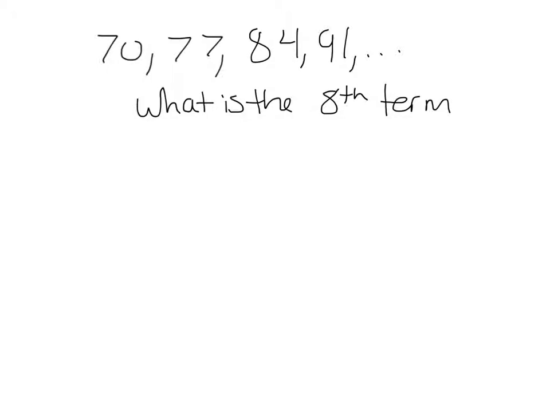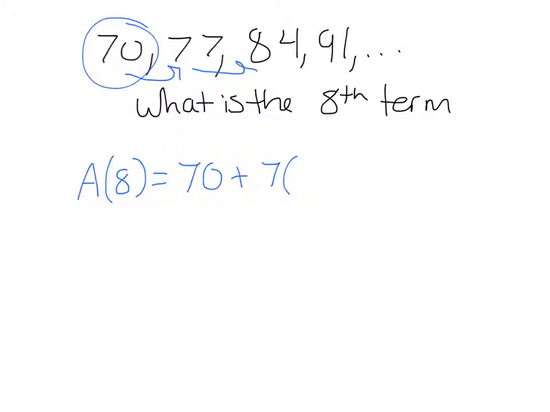But if you think about it, if you want the 8th term, what we did was we started with 70. Then we had this common difference, each time going up by 7. Now, how many times did we go up by 7? Well, the first term is where we started. If I put blank spaces, this is term 1, this is 2, 3, 4, 5, 6, 7, 8.